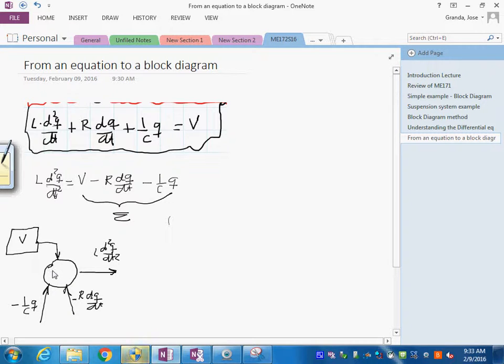I am telling you this because if you have a system that has 2 or 3 equations, the idea is not going to be any different. But if you keep that orientation, that method, you will be able to develop those block diagrams much easier. Very, very much so.